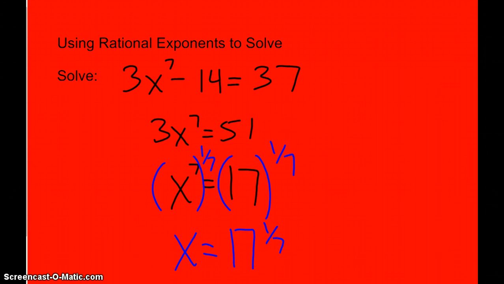And that answer will be a big long decimal. I'm not too worried about the actual answer. You can find that in your calculator. But this is how you could use a rational exponent to solve. It gives you something to punch in your calculator, similar to the square root method, where you could just punch in 17 to the 1/7. All right, good luck, and we will see you tomorrow.